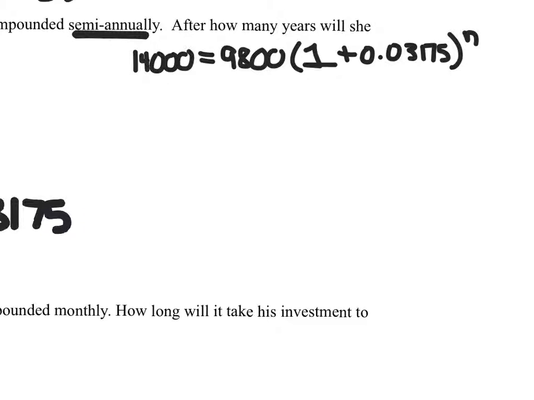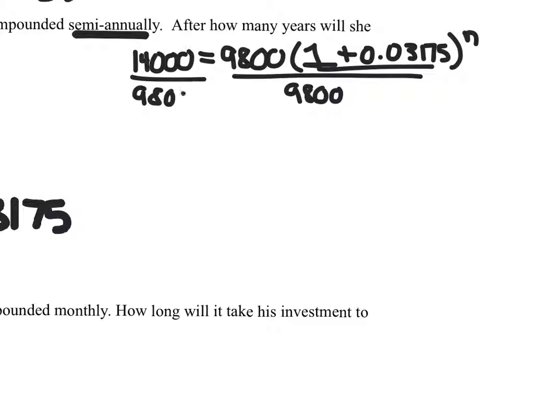So we're going to start by solving the first little part. We can divide out 9,800 to the other side, which leaves us with a value of 1.43. And then we're left with 1.03175 to the exponent of n.